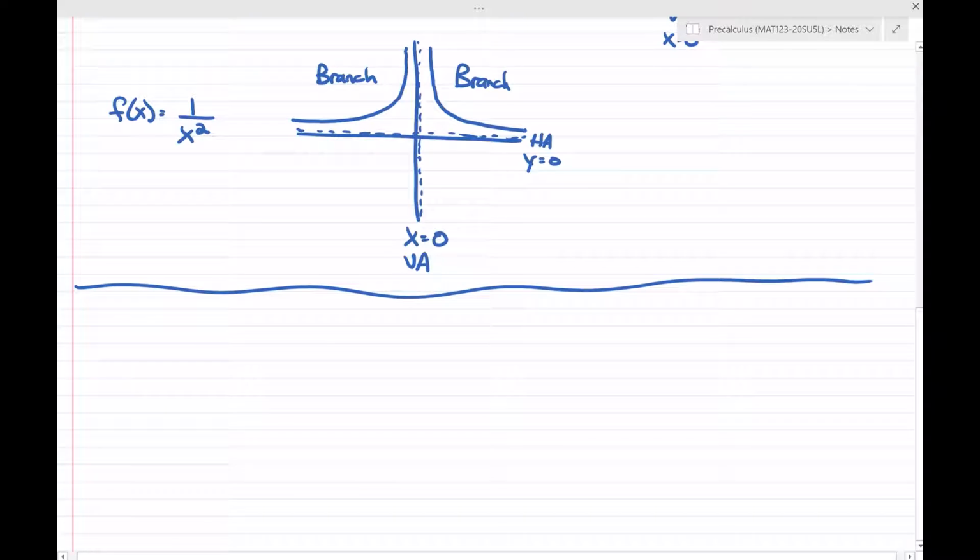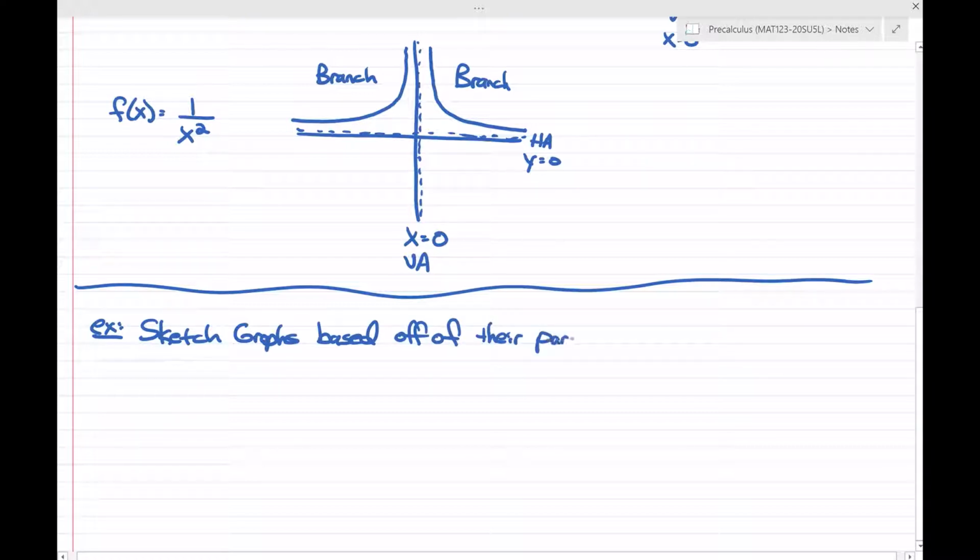So what we're going to do next is let's sketch graphs based off of their parent graph, and state their domain.